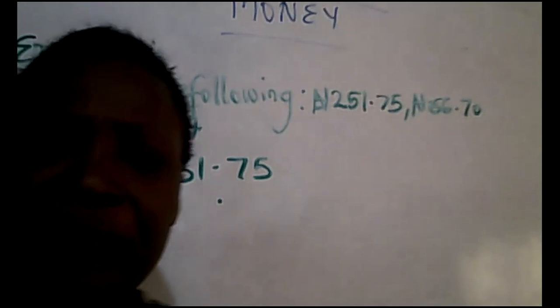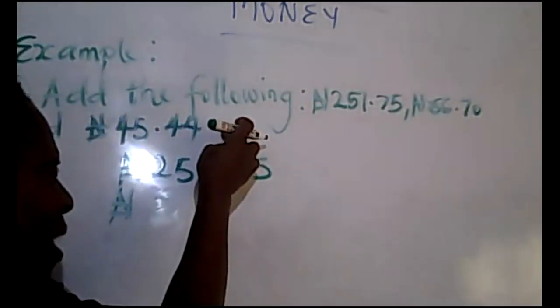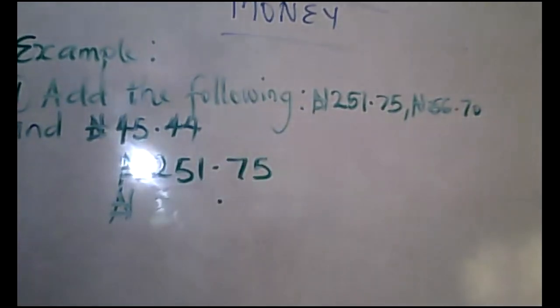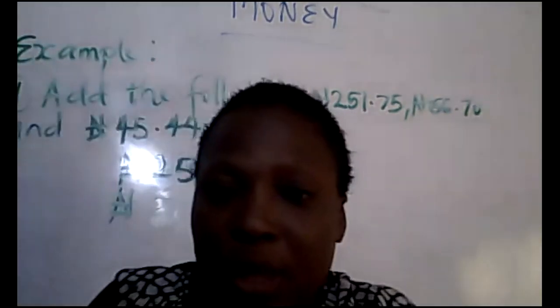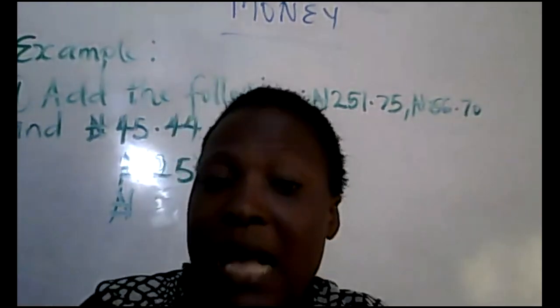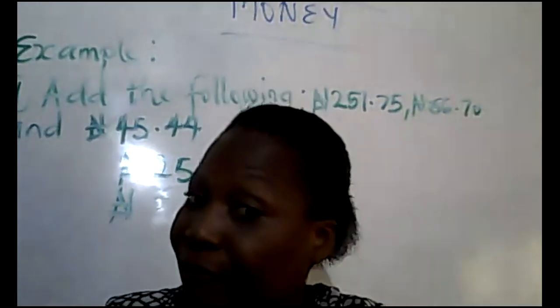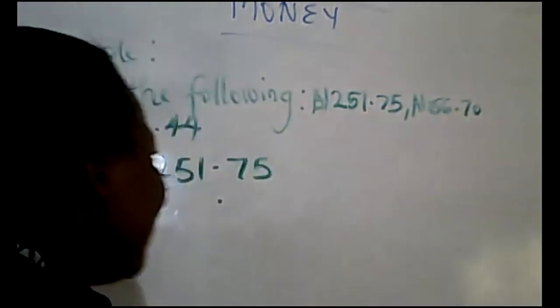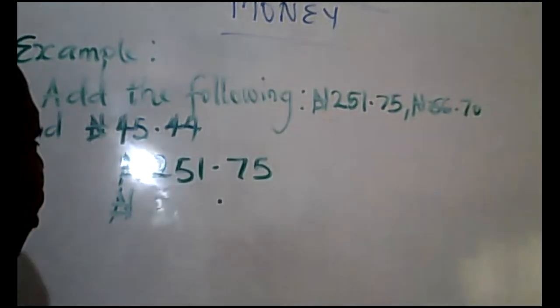Let your decimal point stand straight, then you know how to arrange it. Some will have three values, like hundreds, some just two values like tens, and some just one value like units. So make sure your decimal point is standing, then you'll be able to put the figures right.